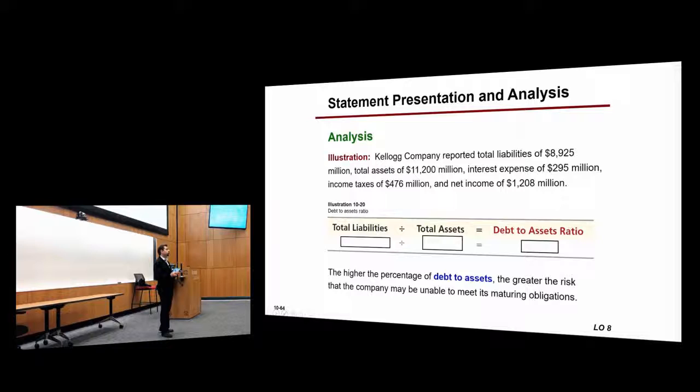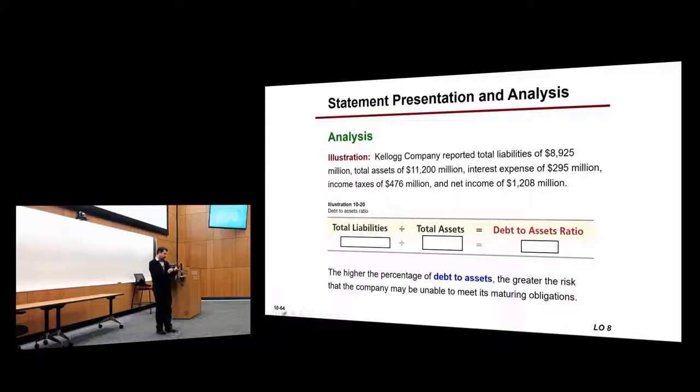Now, debt to asset ratio is simply looking at how much debt you have compared to whatever assets you have. So this is where you divide total liabilities by total assets. The idea here is to find, for every dollar of liabilities of debt, how many dollars of total assets you have to cover them.